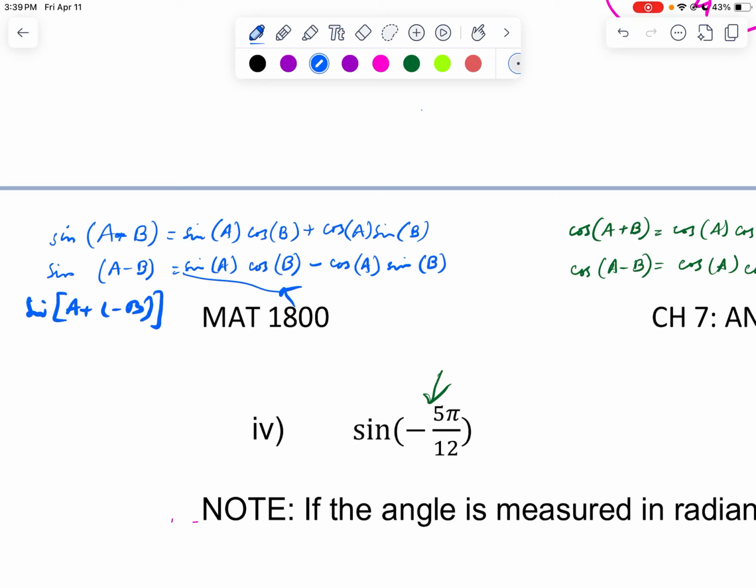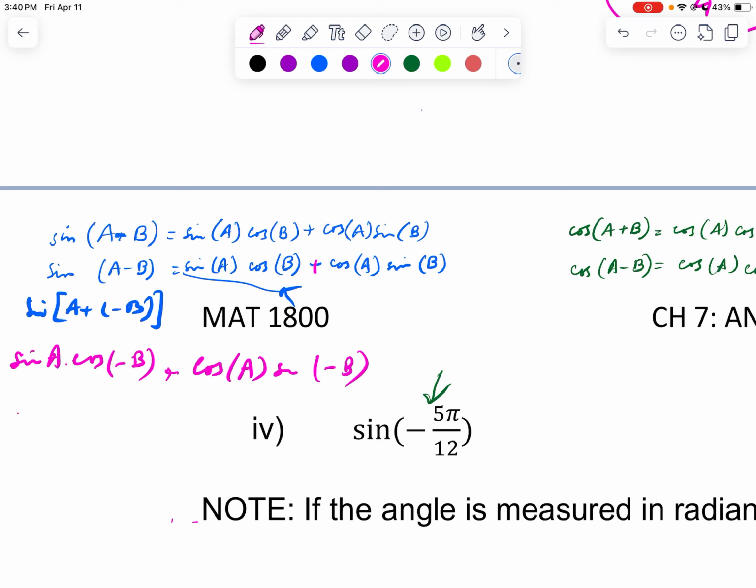And then when we have, let's say, using the plus sign, so let me write over here, sine of A times cosine of negative B. That's what we are getting, plus cosine of A times sine of negative B. Now, cosine of negative B is cosine B, because cosine is an even function.